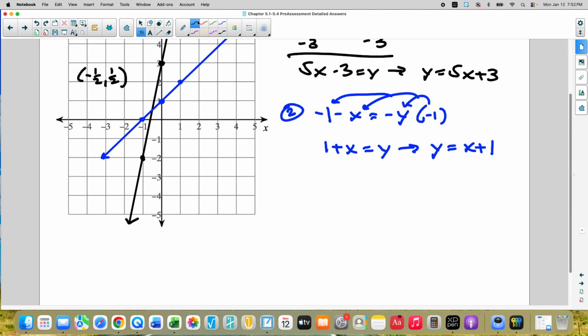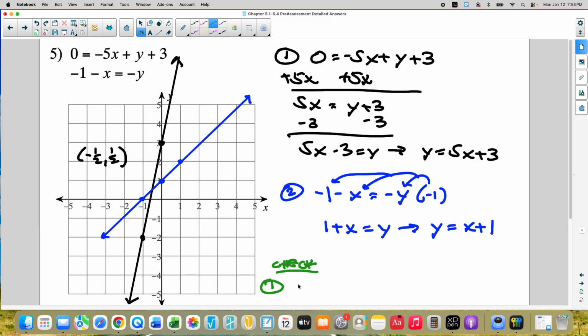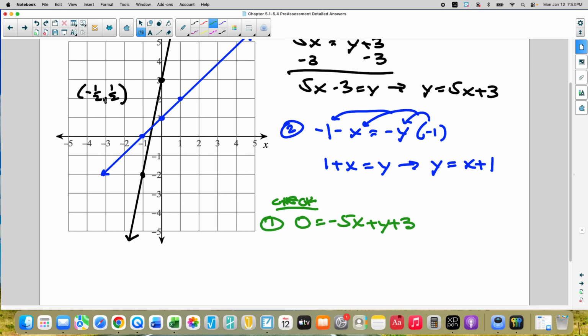Let's use both equations. I'm going to check equation 1. Equation 1 again is 0 equals -5x plus y plus 3. And I'm going to plug in -1/2 for my x value, and I'm going to plug in 1/2 for my y value.